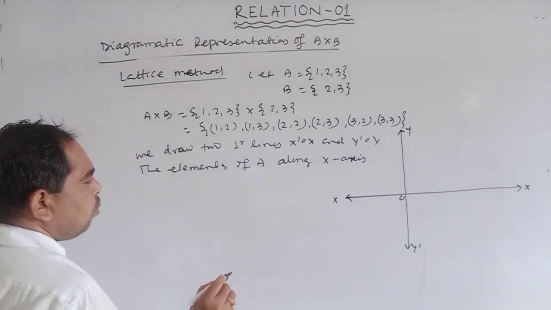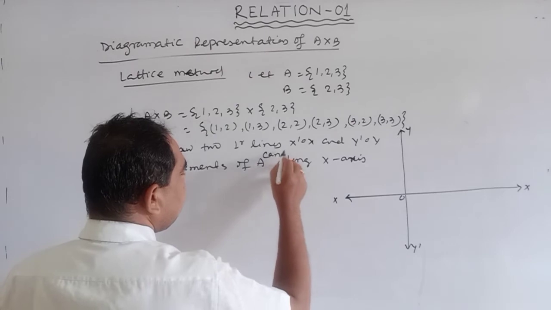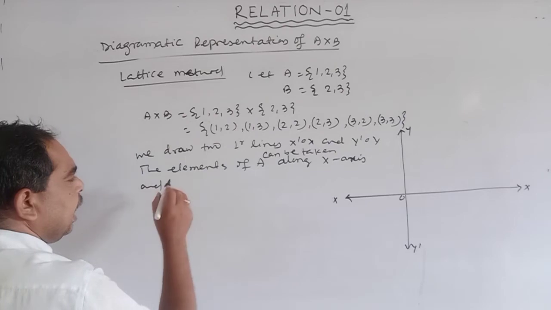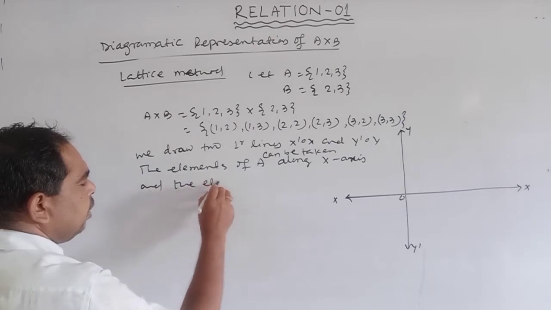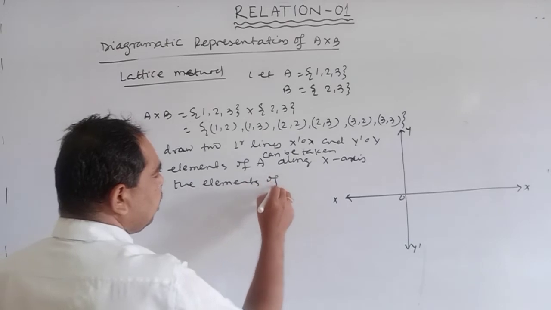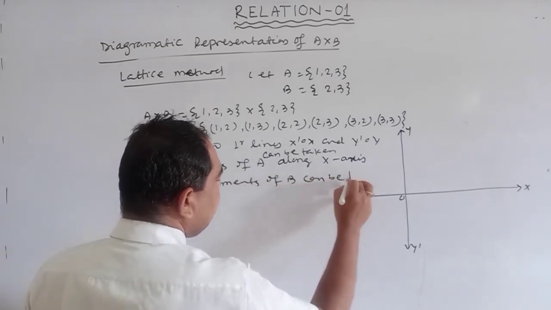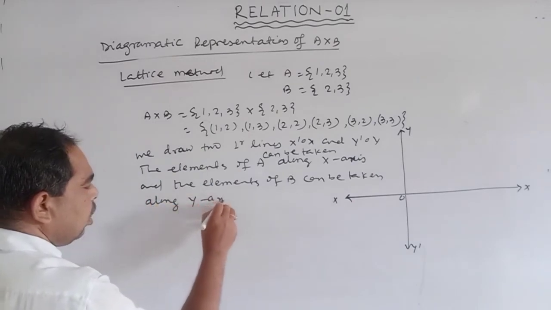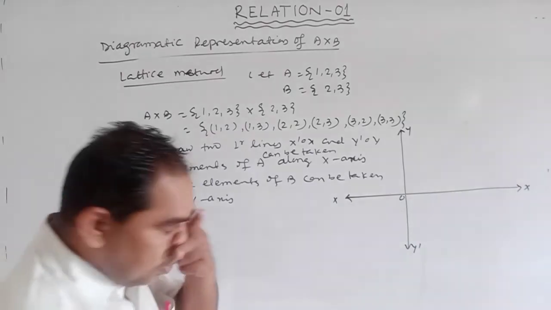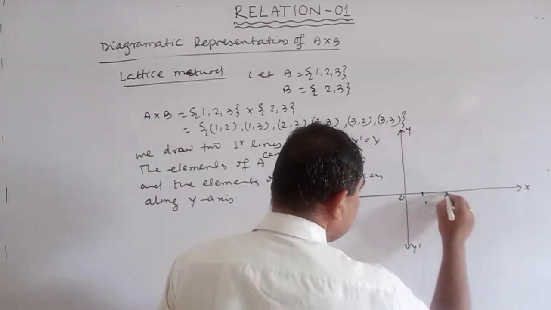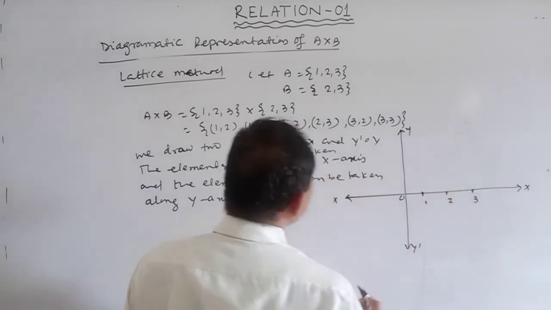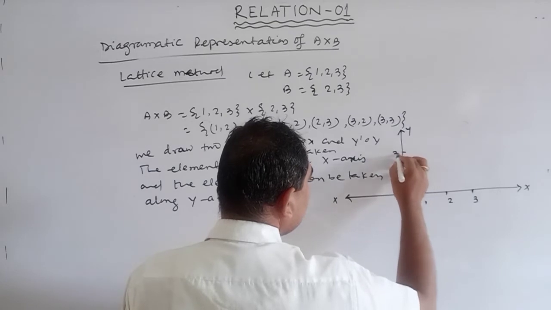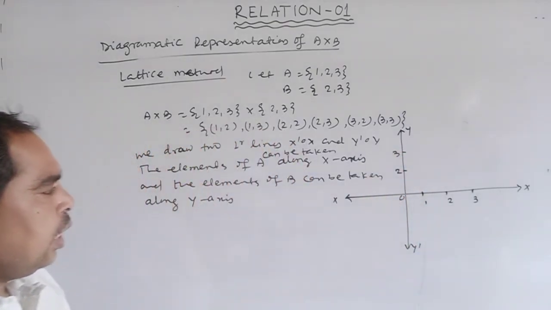The elements of A can be taken along the x-axis, and the elements of B can be taken along the y-axis. That means this is 1, this is 2, this is 3. Next, this is 2, this is 3.